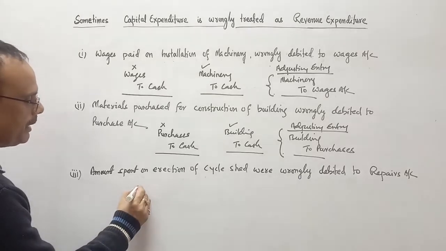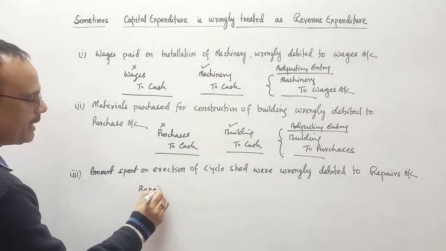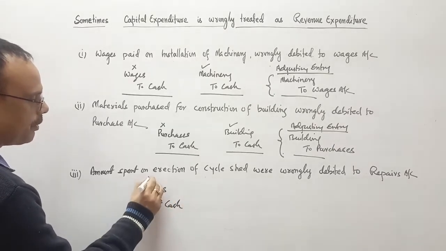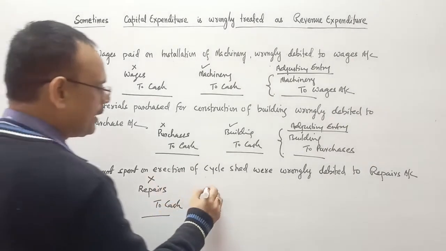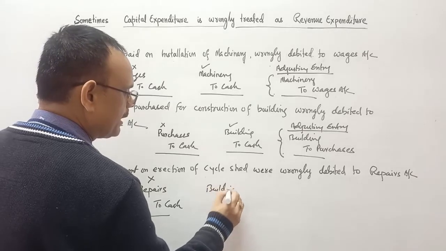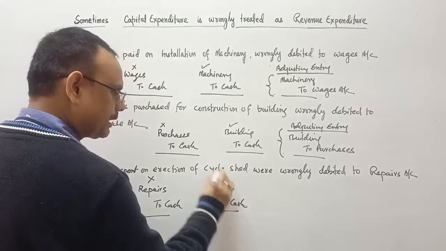Cycle shed means building account debit. The wrong entry passed by the accountant is repairs to cash. Right should be cycle shed or building account debit to cash account. This is the right entry but not done.